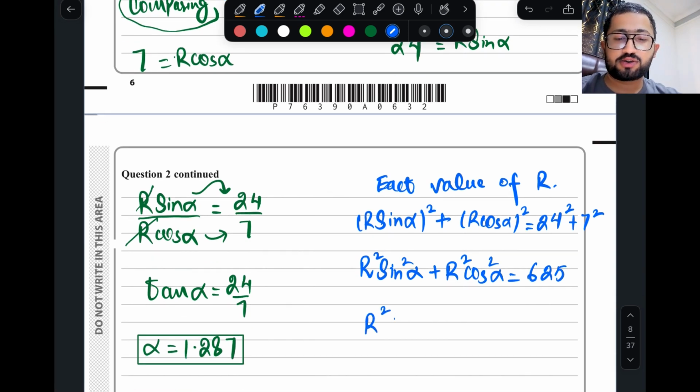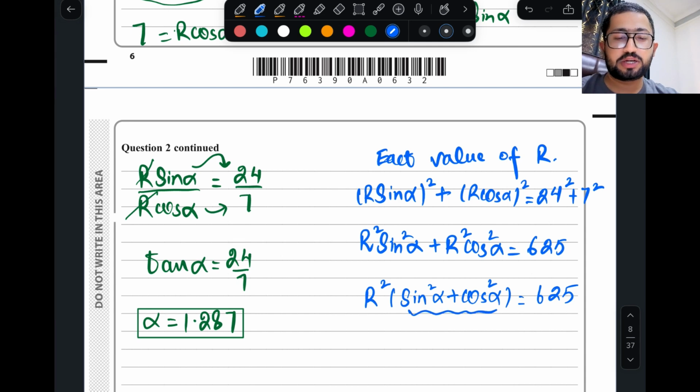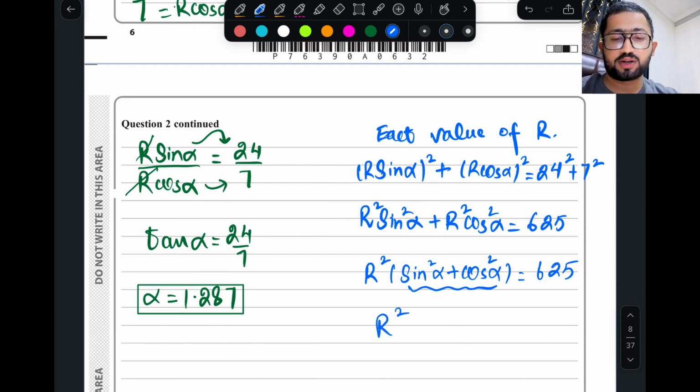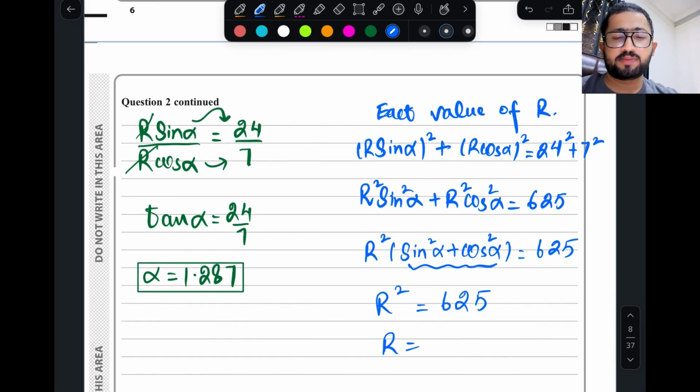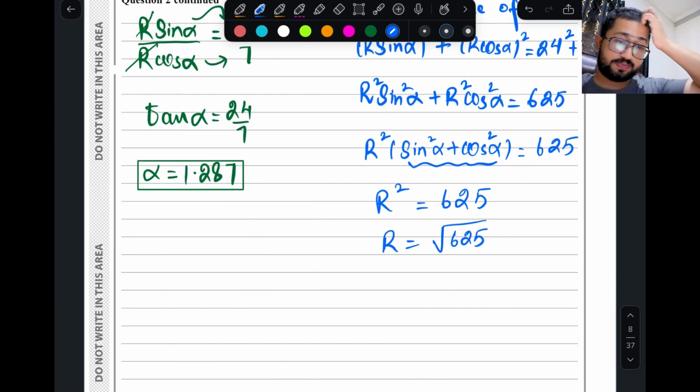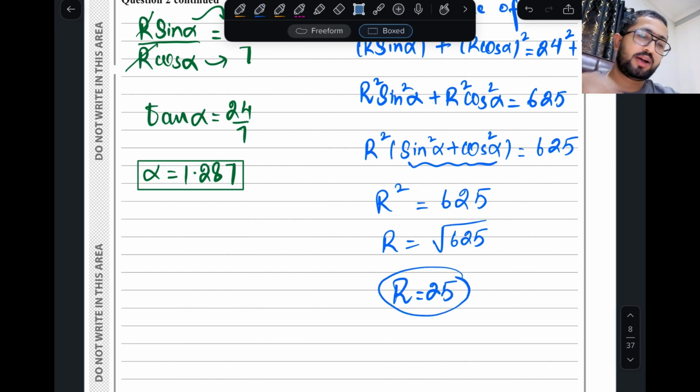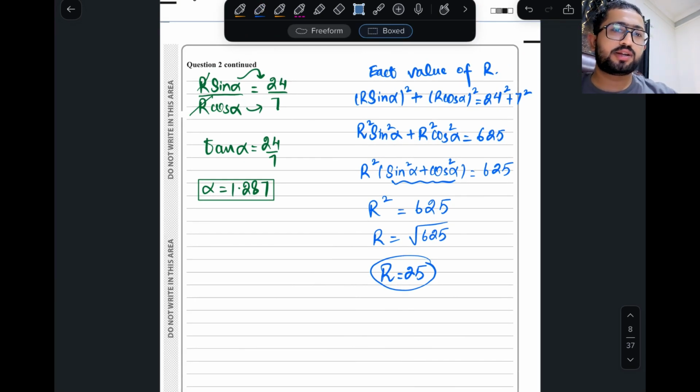Now I can take R squared common. Sin squared alpha plus cos squared alpha is equal to 1, as everyone knows from P2. So the idea remains the same for type 1. I told you everyone in the notes clearly. So the value of R will become 25. That is our final answer.